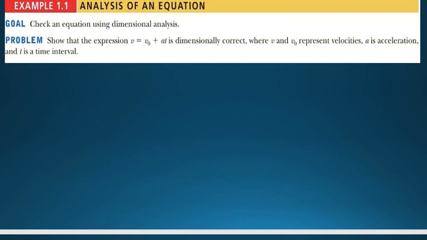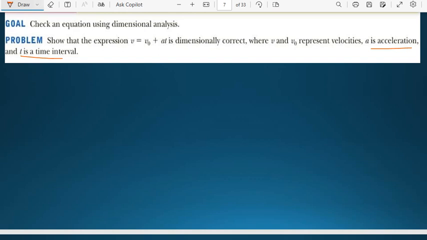So show that the expression v final is equal to v initial plus acceleration times time is dimensionally correct, where v final and v initial represent velocity, a represents acceleration, and t represents time interval.